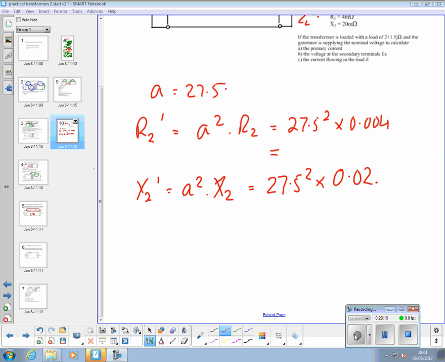So we got for R2 dash then, 3 ohms. And X2 dash, 15 ohms.